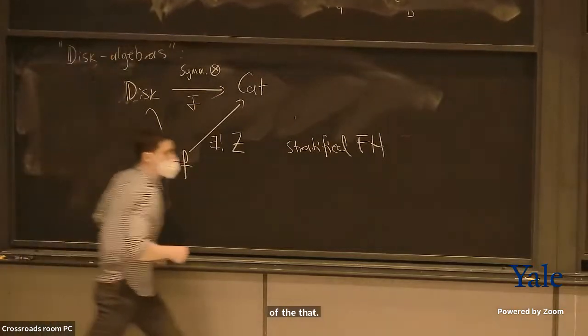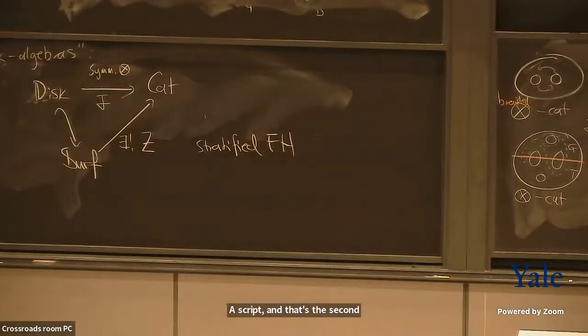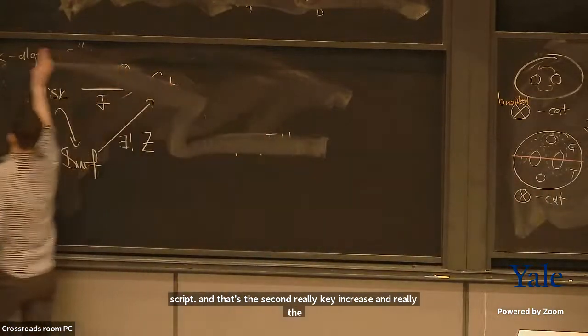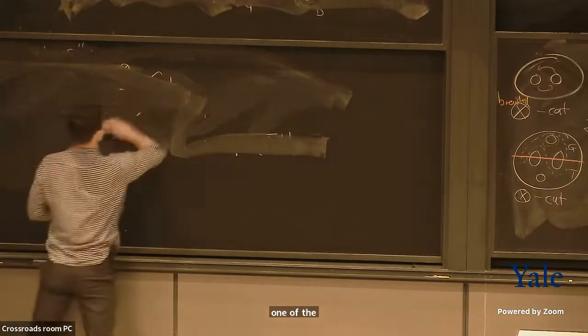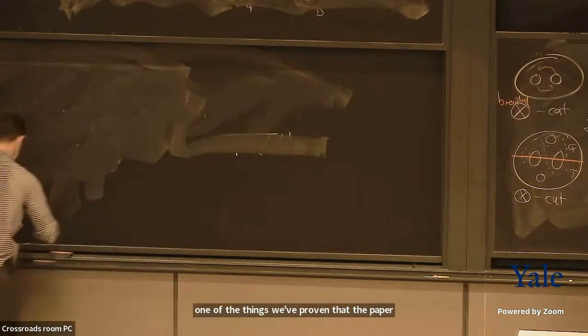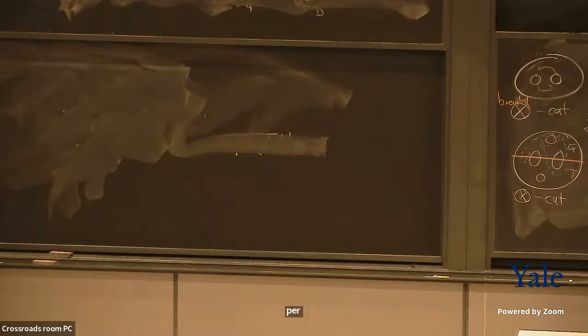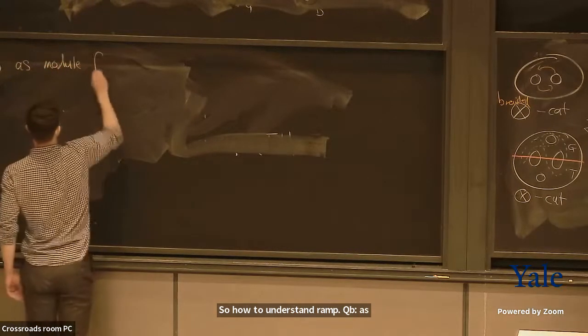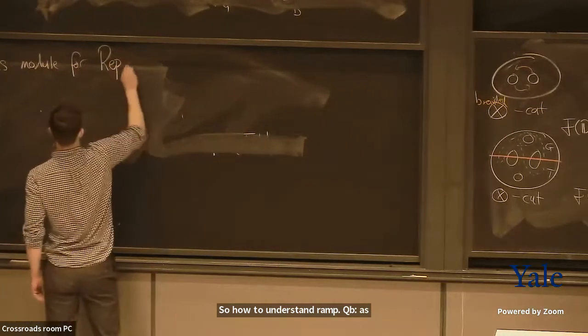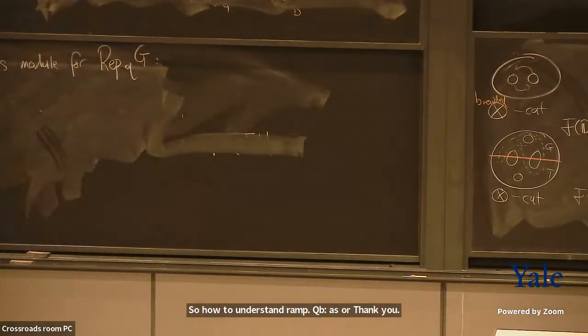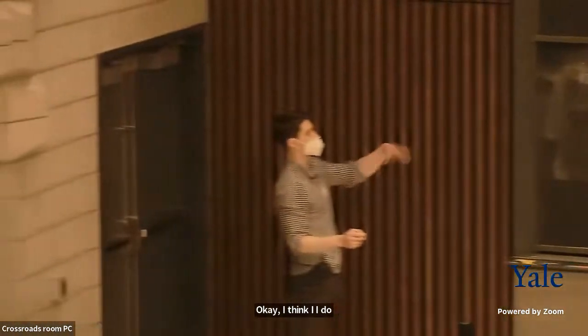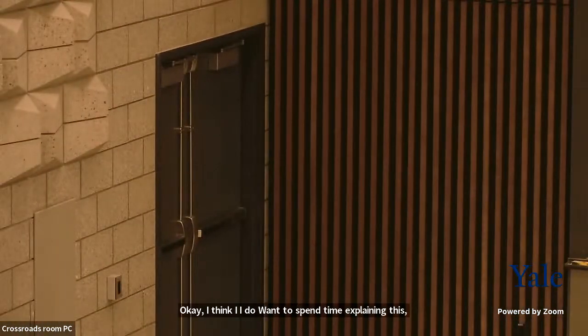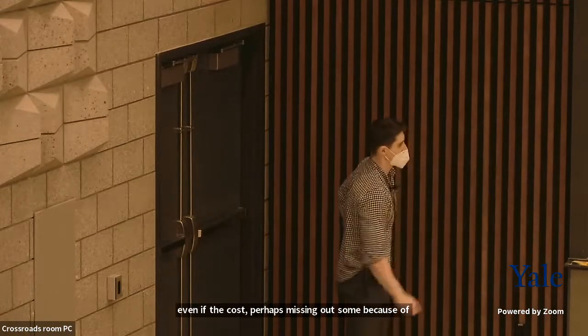And that's the second really key ingredient, and one of the big things we prove in the paper: how to understand rep_q B as a module for rep_q G. I do want to spend time explaining this, even at the cost of missing some details at the end, because I think it's really the crux of the issue.